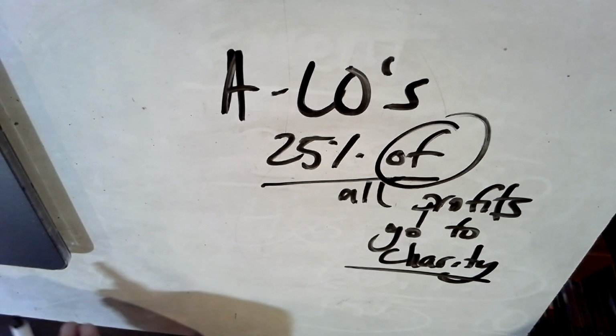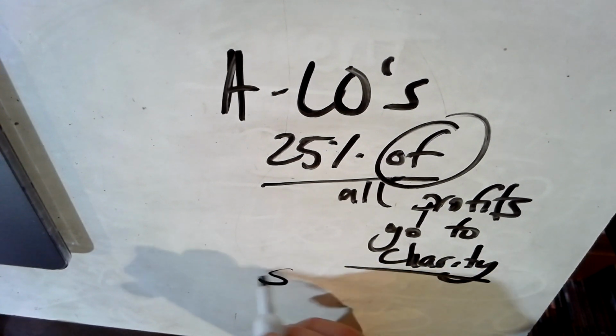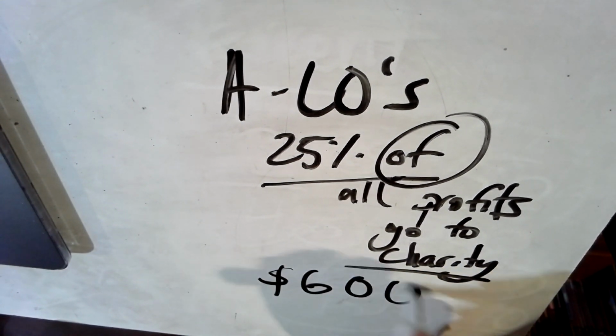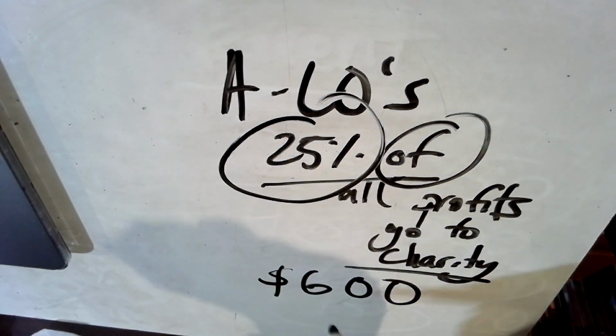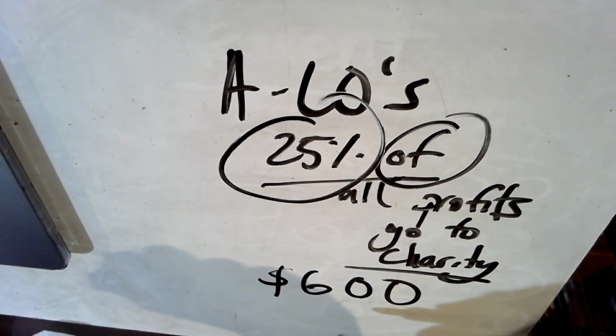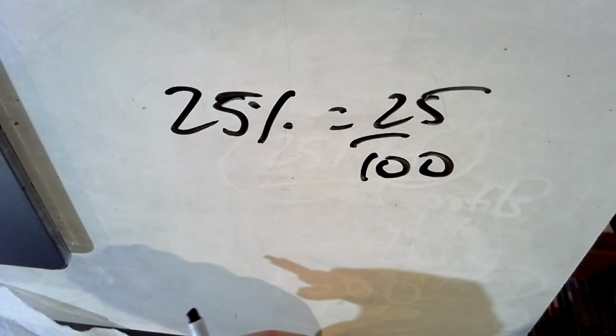So let's say 25% of, we know of means multiply, right? Let's say on that night, my restaurant makes $600. 25% of $600 means multiply. I know that 25% is 25 out of 100.